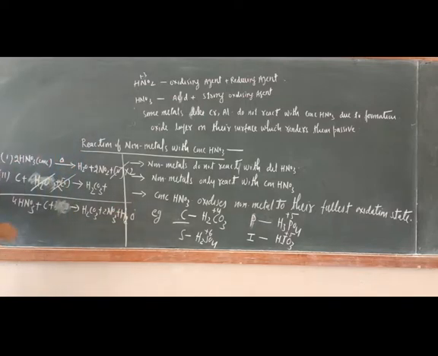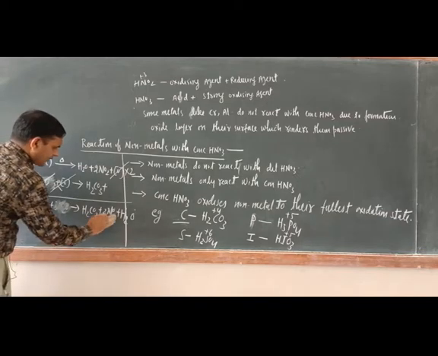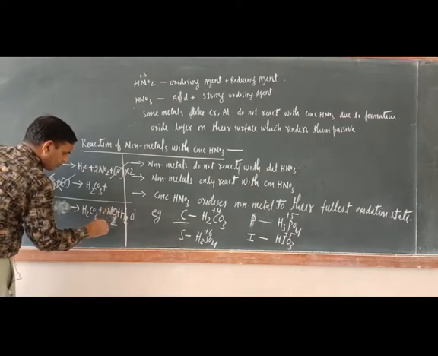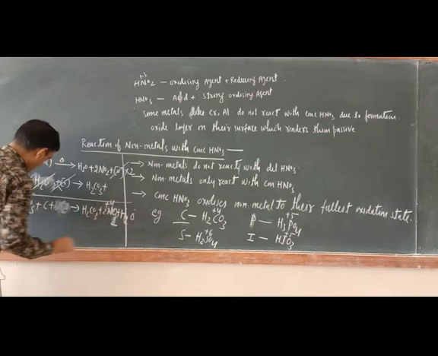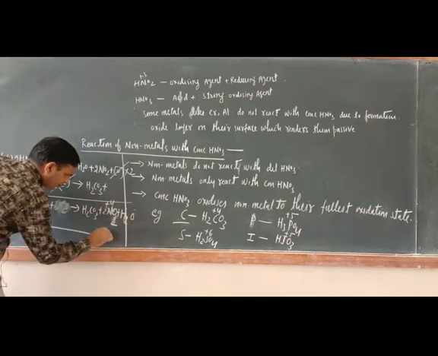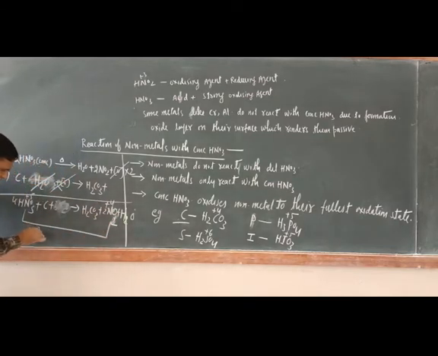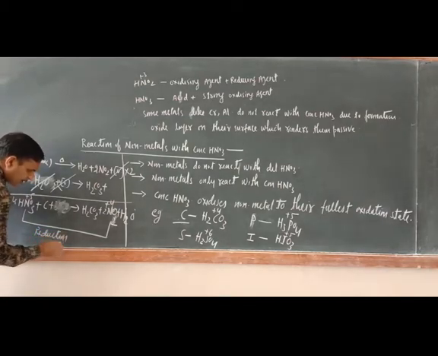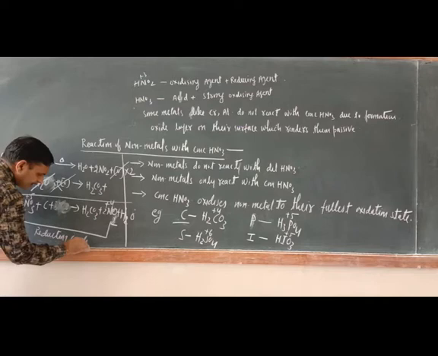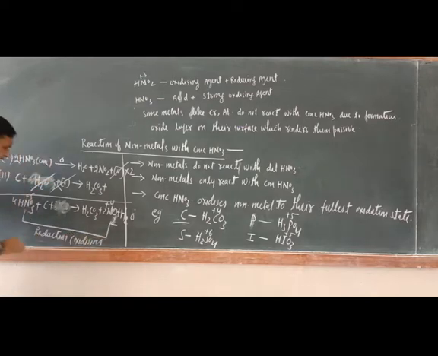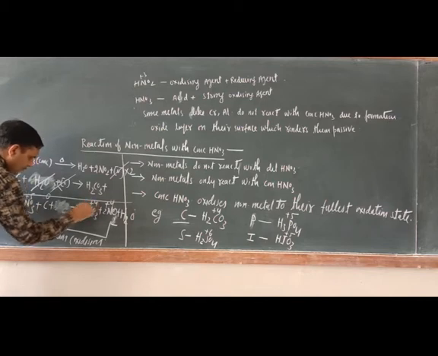Now just see. Here nitrogen is +5, and in NO2 nitrogen is +4. So +5 to +4 is undergoing reduction, hence this is the oxidizing agent. Carbon was 0, but here carbon is +4.